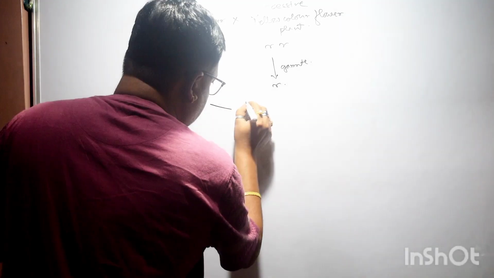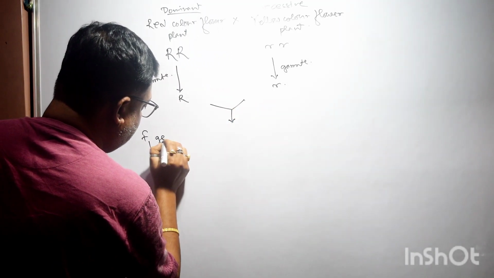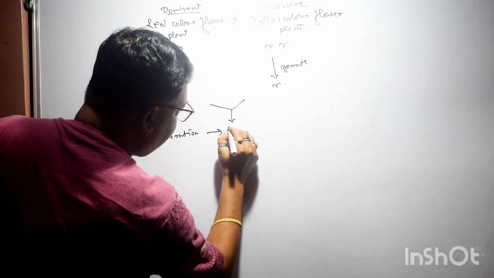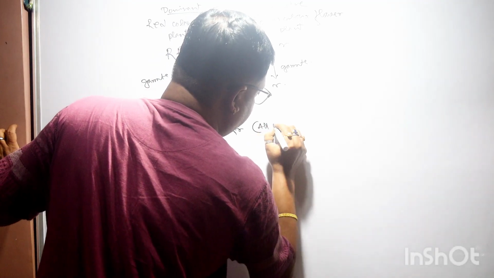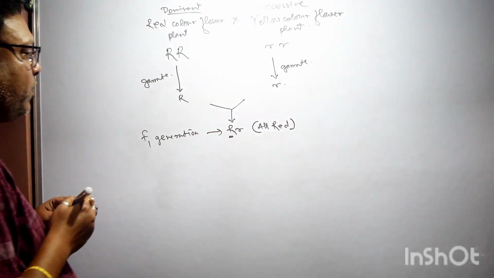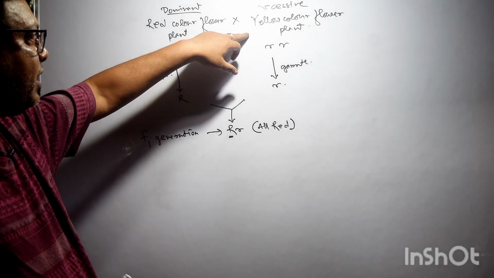Now if we cross them, the F1 generation will be capital R, small r, which is all red, because wherever there is capital R, as it is the dominant one, it will always dominate over the yellow color.